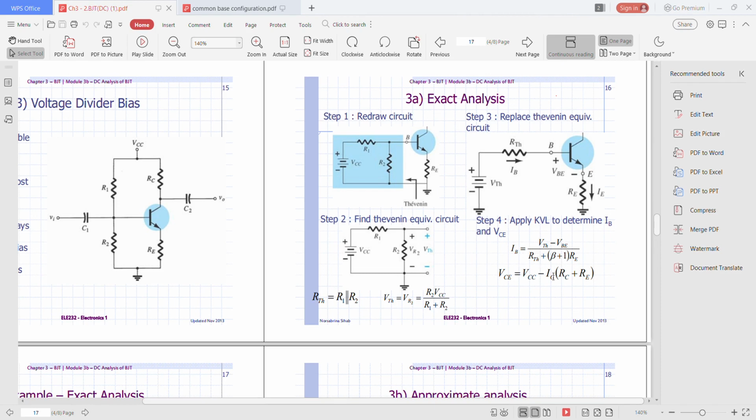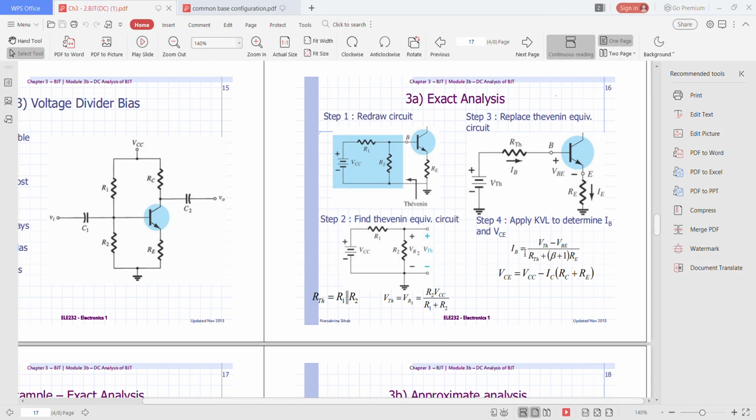And also VCE, you can get the equation for VCE by looking at the output loop. This is the input loop and this is the output loop. Let me explain how to get this equation.